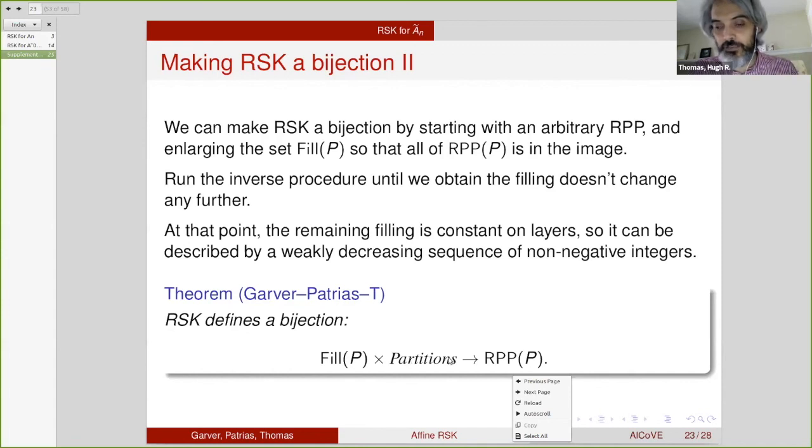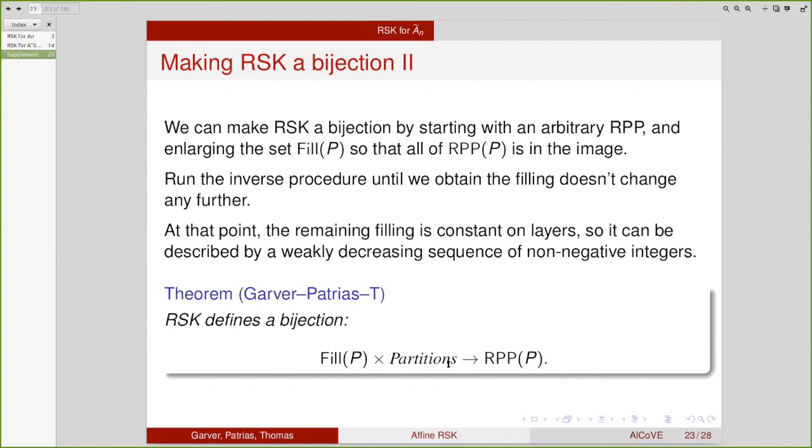You take your reverse plane partition and undo the RSK, and you find a part that turns into a filling, and a persistent part that never disappears, which is naturally encoded as a partition. Okay, I think I understand. We can definitely chat later if you'd like.